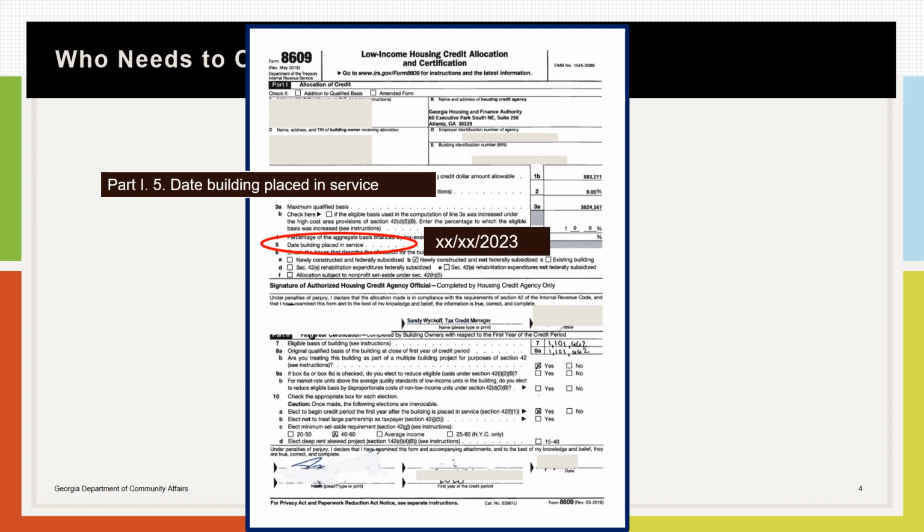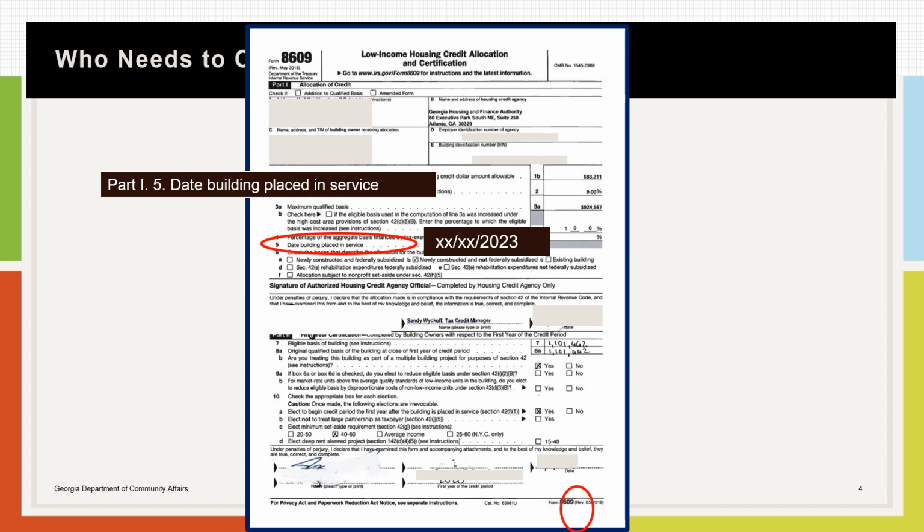If that building or bin placed in service between January 1st, 2023 and December 31st, 2023, and if you verify the credit period start date in Part 2, number 10A on IRS Form 8609, and the owner elected to begin their credits in the same year, that first year the building placed in service, indicated by a yes answer, then you would be required to submit an AOC for the year 2023.